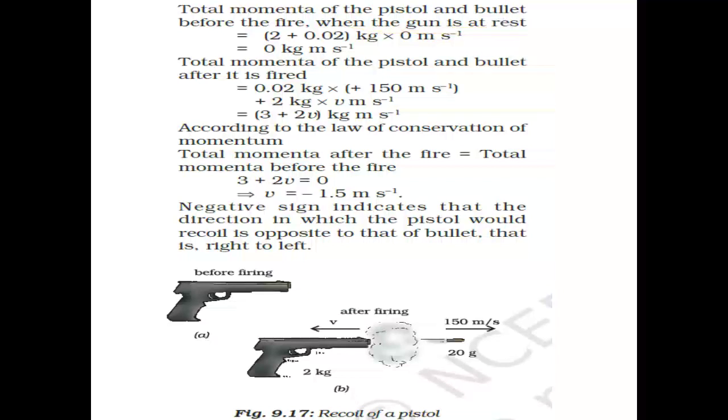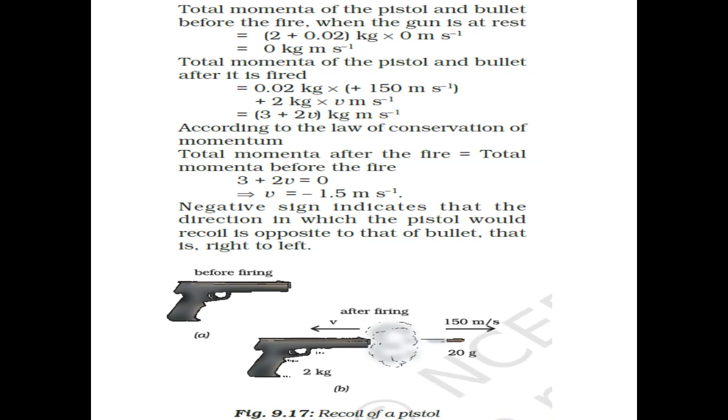The total momentum of the pistol and bullet before firing, when the gun is at rest, is 0: total mass m1 plus m2 multiplied by velocity, so the total momentum before firing is 0. Now the total momentum after firing is the mass of the bullet multiplied by the velocity of the bullet plus the mass of the gun multiplied by the velocity of the gun, that is m1v1 plus m2v2.